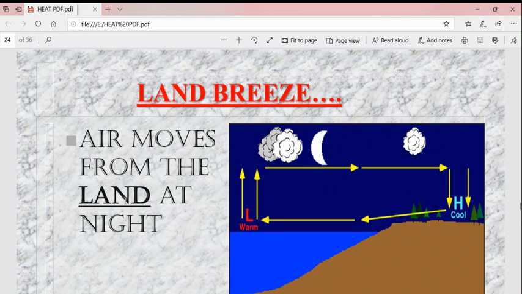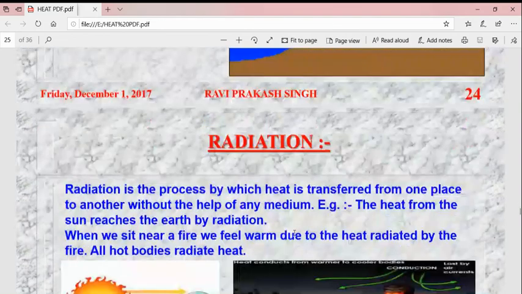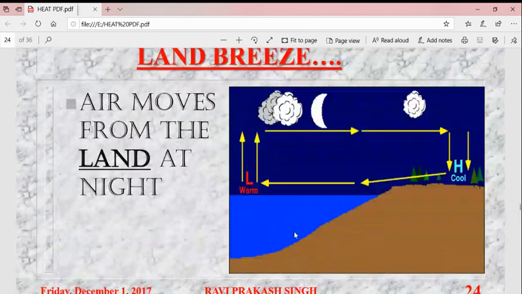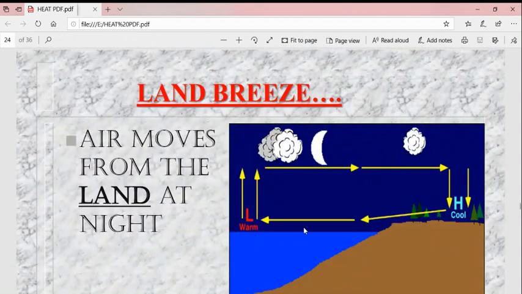Here air moves from the land during the night time, and it comes to the sea at the top and becomes hot, and again it moves towards the land. Yes, this is everything about sea breeze and land breeze.